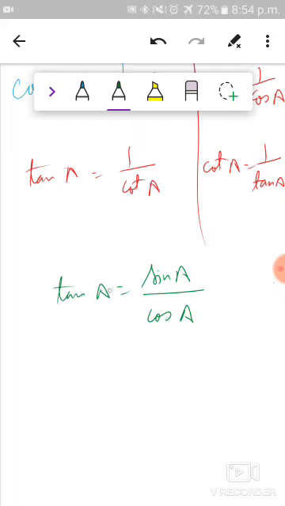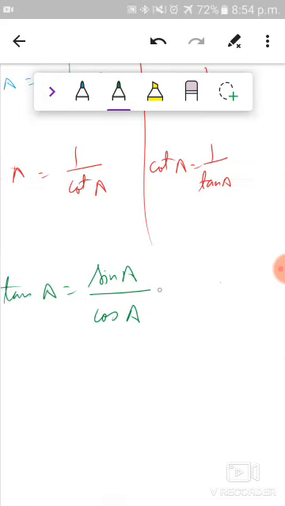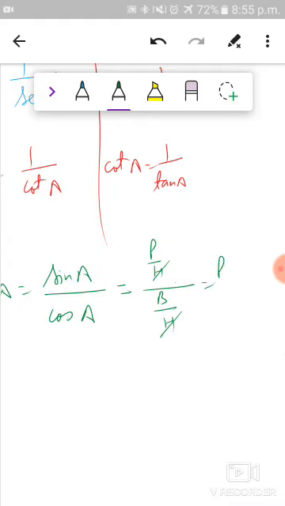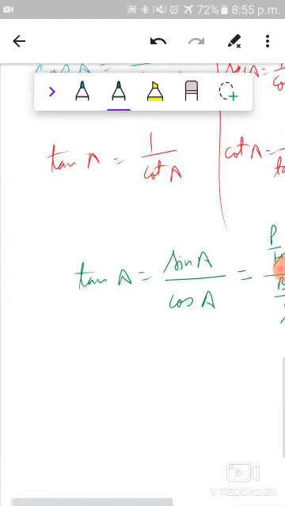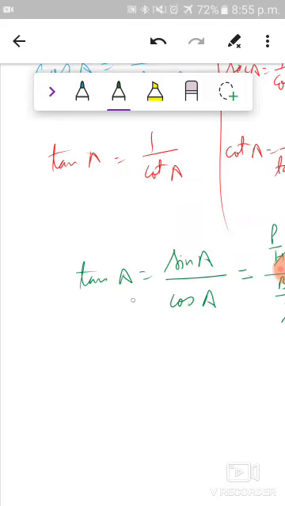Why? Sin A is perpendicular upon hypotenuse, and cos A is base upon hypotenuse. So hypotenuse cancels with hypotenuse. What we got is P by B, and P by B is tan A. So that's why tan A is equal to sin A by cos A.